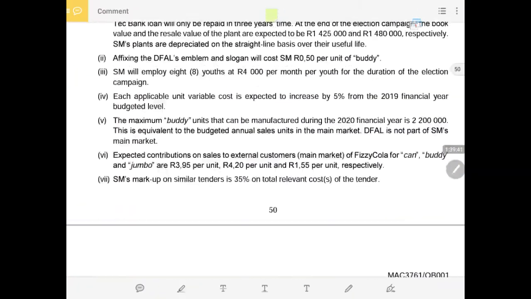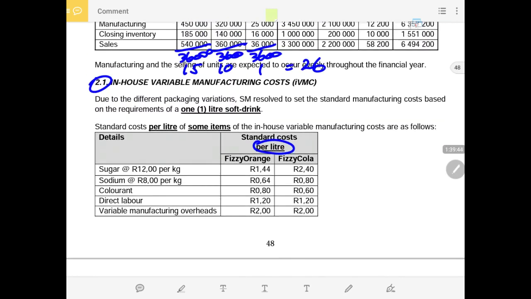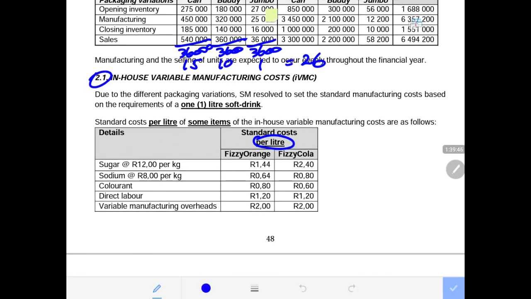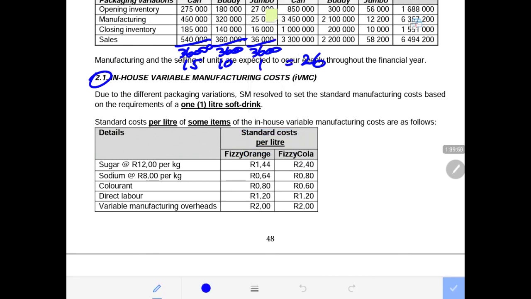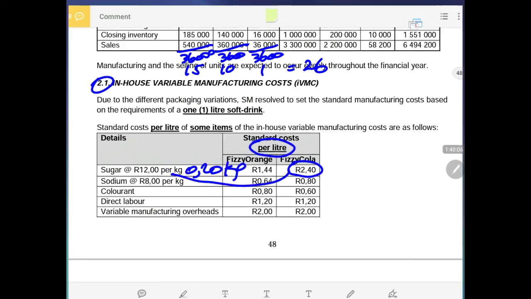It was from the standard information provided per liter. So we said 2 rand 40 cents divided by 12 rand. It gave us 0.20 kgs per liter because the information was per liter.